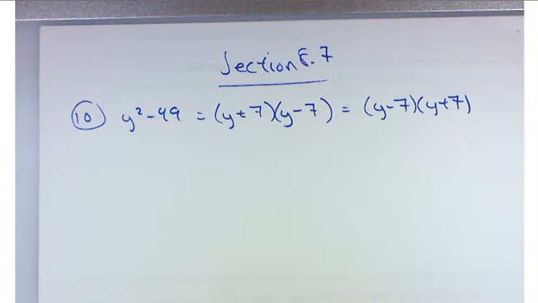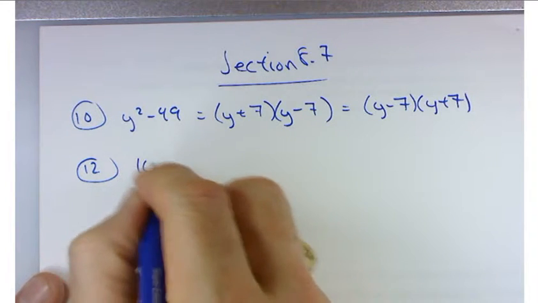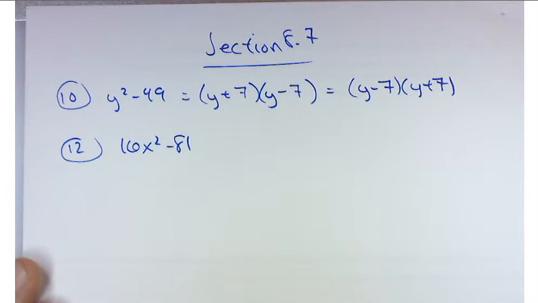Problem number 12. So what you're going to see is an increasing level of difficulty as we work our way through these things. Problem 12 is 16x squared minus 81. And kind of like the last one, you look for a GCF. Well, there's no GCF. So, okay, count terms. There's two terms. Are you adding them or subtracting them? Well, you're subtracting them.